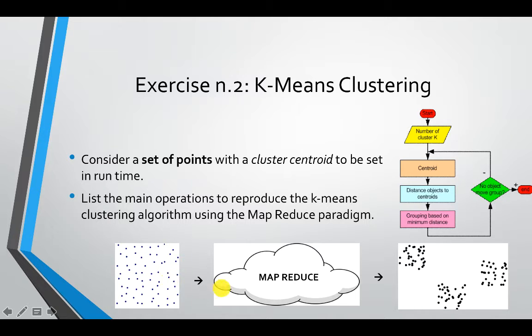What I'm asking you is to produce this MapReduce flow that has as input some points, the MapReduce defines the cluster centroids, so it's up to you to decide how you want to start with the centroids, and produces as output a clustering.